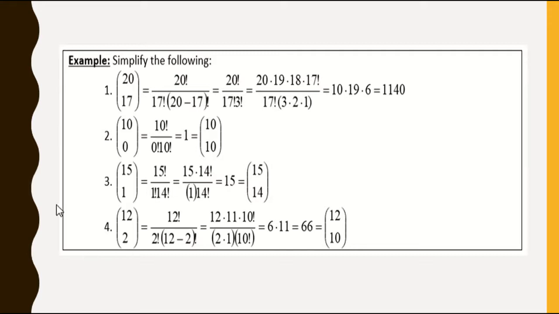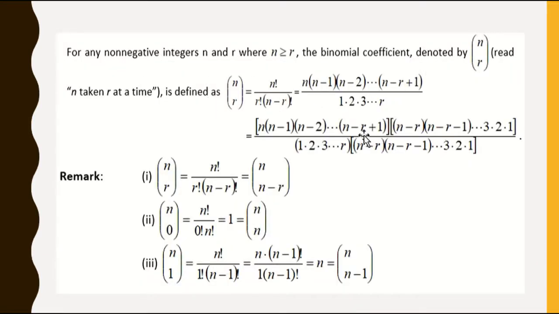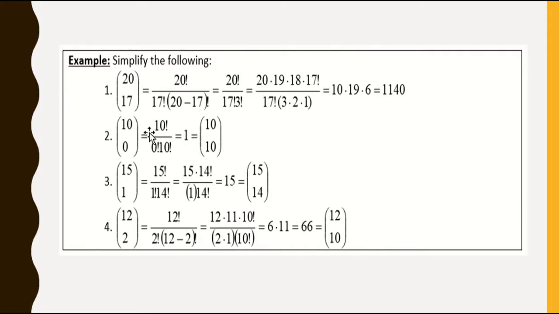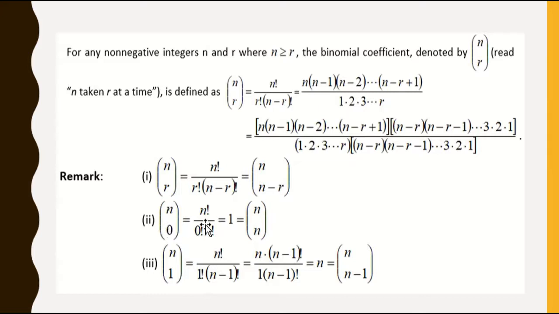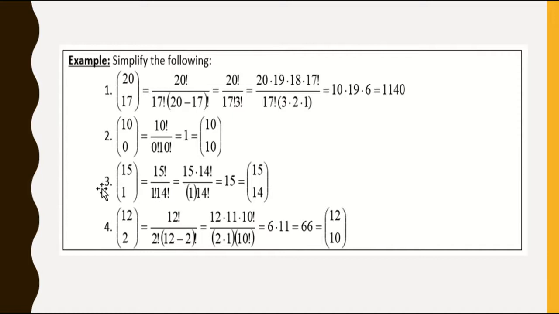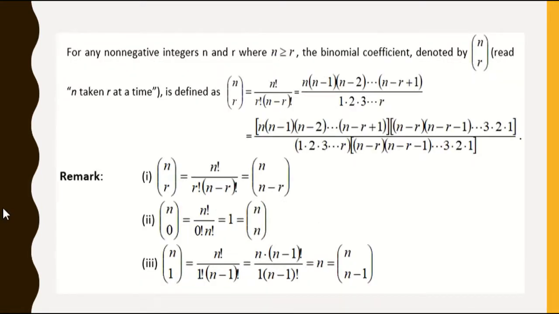So those are the examples in solving the binomial coefficient. In number 1, this is the formula we followed, which is this one. And then number 2 is from our remark number 2. And for number 3, 15 taken 1, the result is n. That is from our remark number 3.